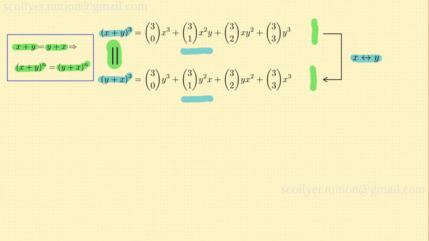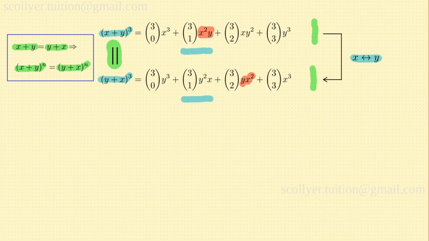And now note that if we look at the second term in the expansion of x plus y cubed, we have an x squared y expression, and in the third term of y plus x cubed, we have a y x squared term. Of course, yx squared equals x squared y.